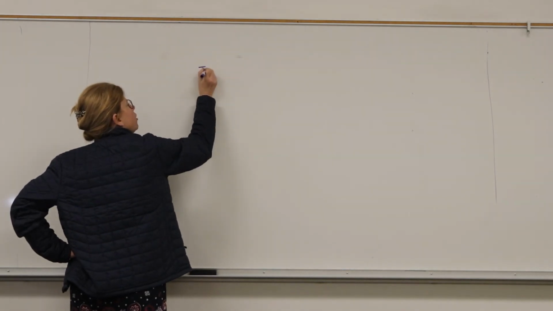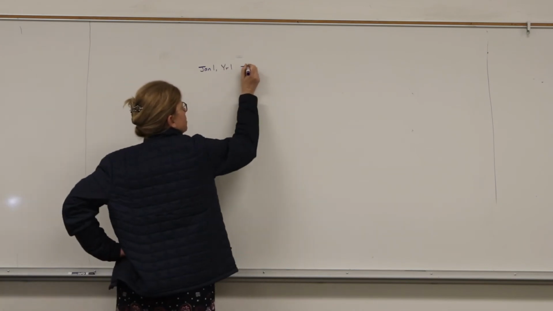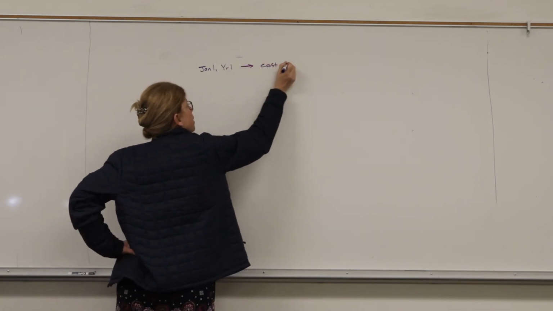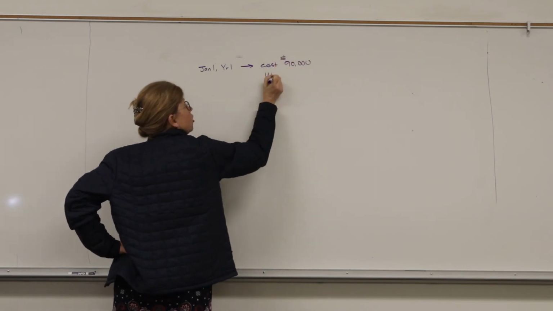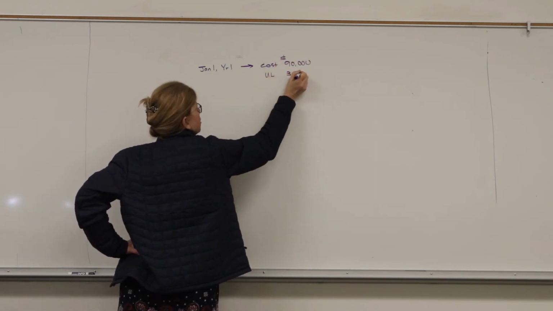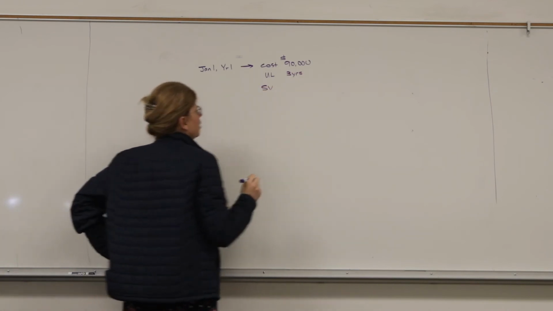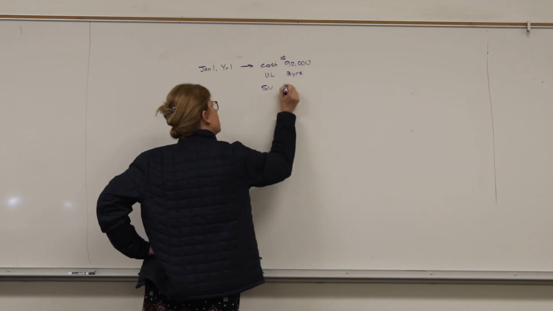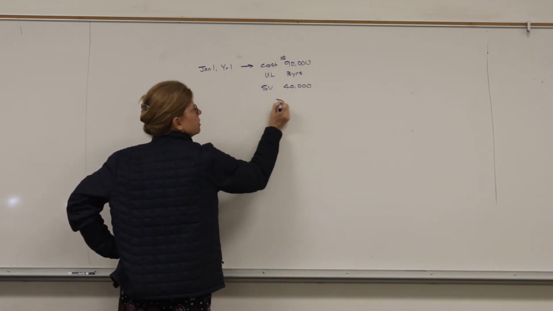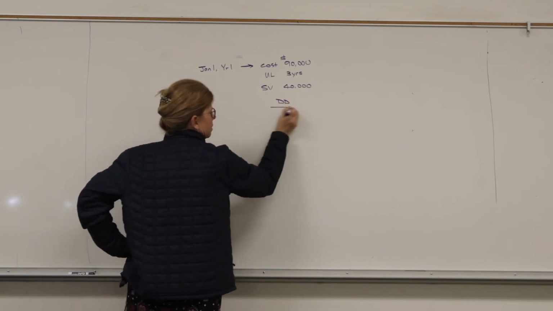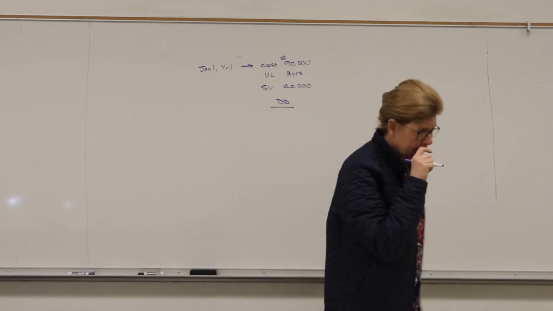On January 1, year 1, we bought an asset. It cost $90,000. Useful life of this asset, 3 years. Salvage value of this asset, $40,000. I used double declining method of depreciation to depreciate this asset.